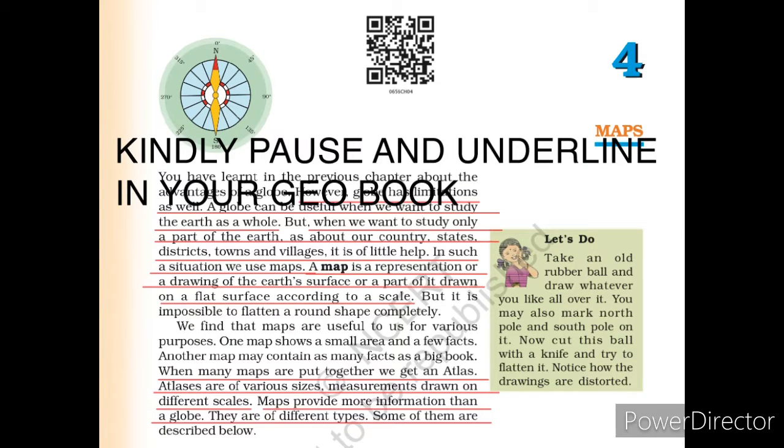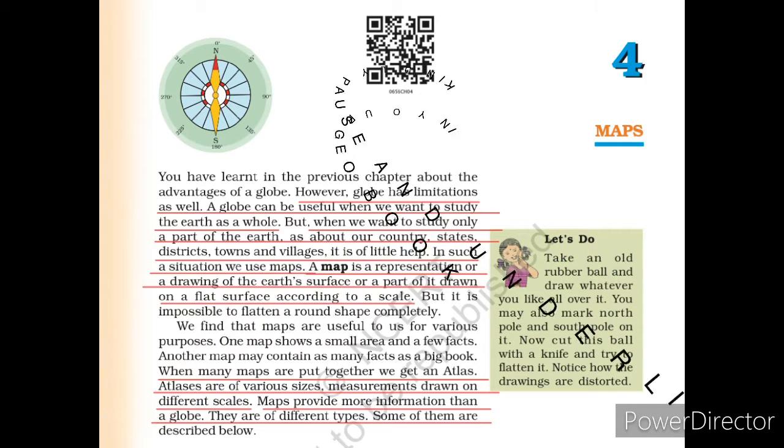A globe can be useful when we want to study the earth as a whole. But when we want to study only a part of the earth, such as our country, states, districts, towns and villages, it is of little help. In such situations, we use maps. So maps are of great importance and of great use.